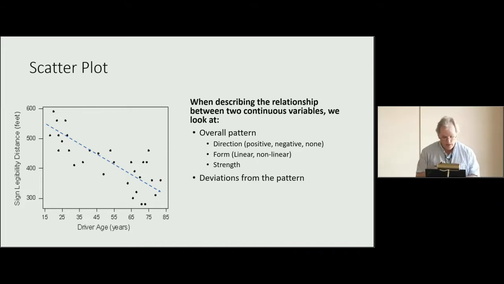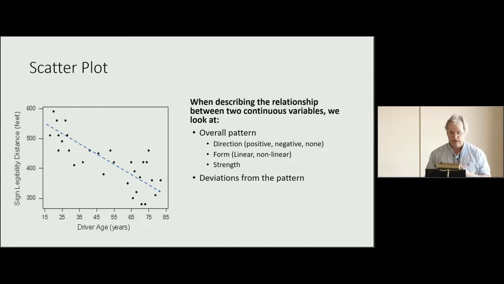Now the scatter plot. So this is used when we want to describe the relationship between two continuous variables. This scatter plot is very informative because it allows us to look at the overall pattern.